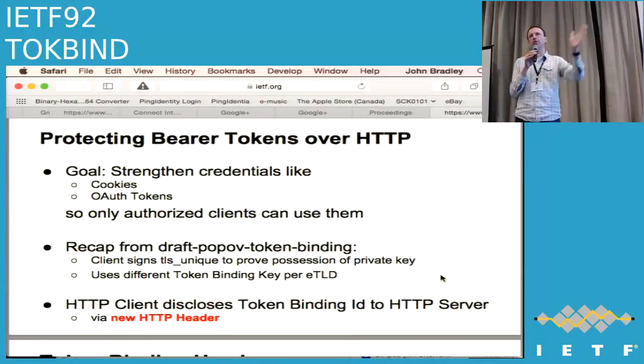So I prove to one server possession of a different key than I prove to a different server. And so where do I put that proof that I possess a certain key pair? Well, I put it in an HTTP header. That's where these generic concepts from the one draft get concrete in the second draft by saying, let's put it in an HTTP header. Now you can go to the next slide.